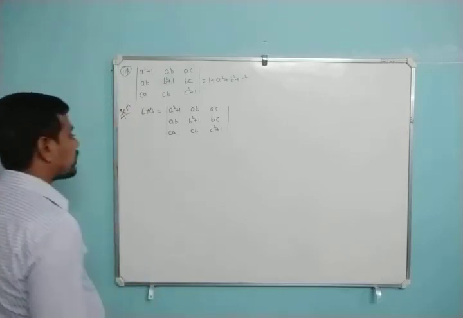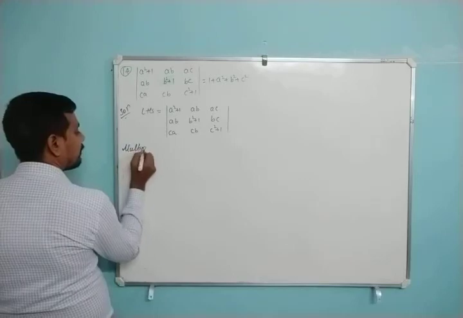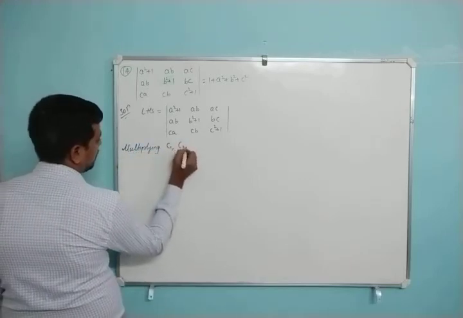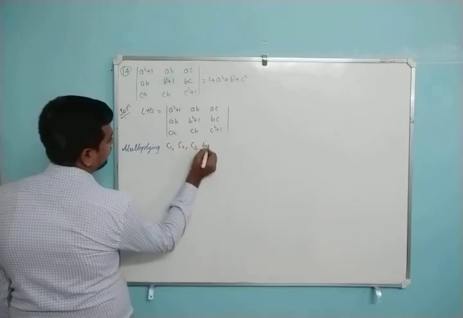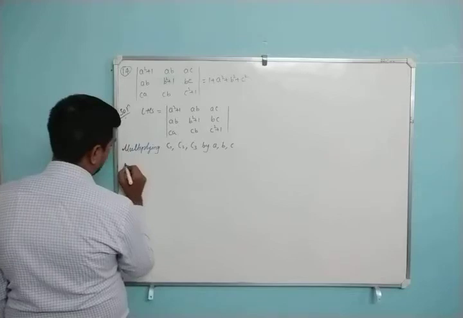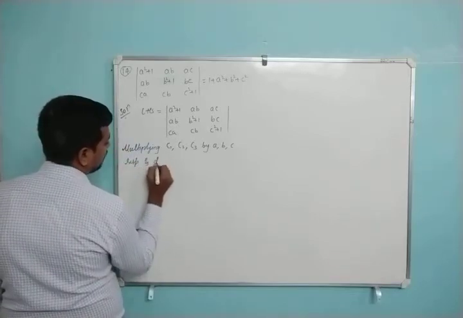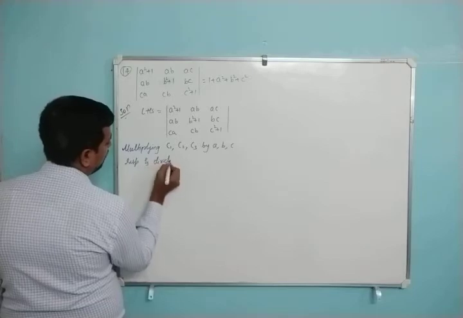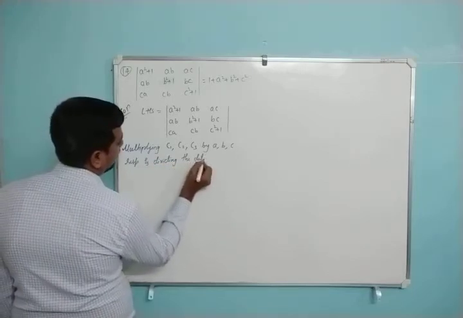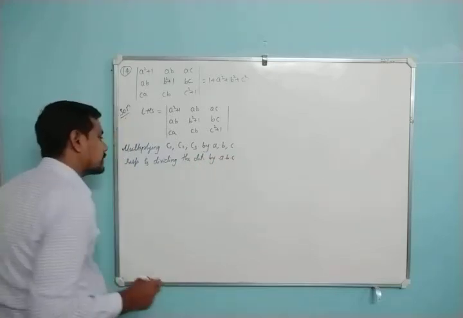So now what I will do: multiplying C1, C2, C3 by a, b, c respectively and dividing the determinant by a into b into c.